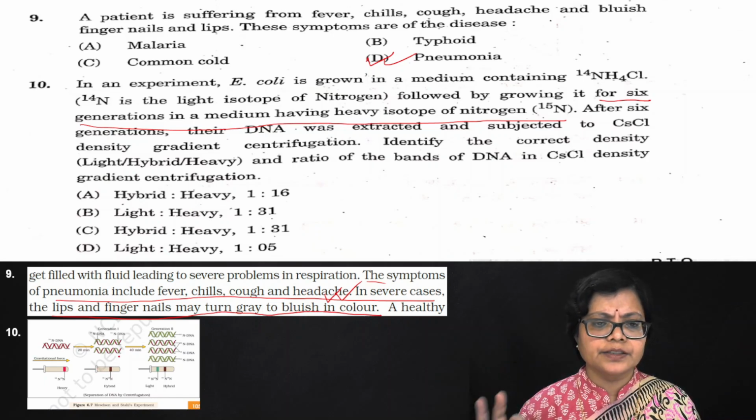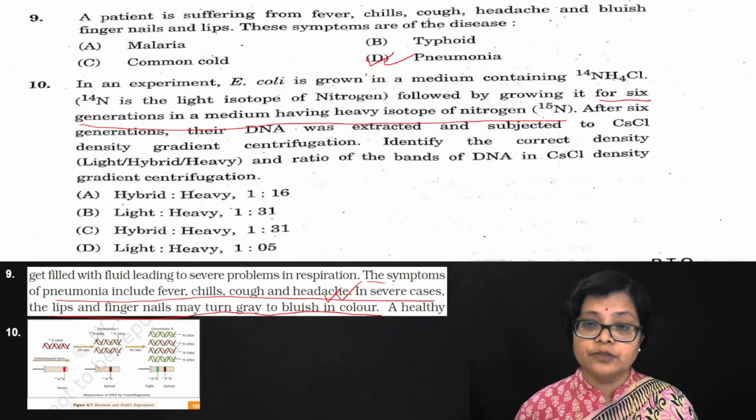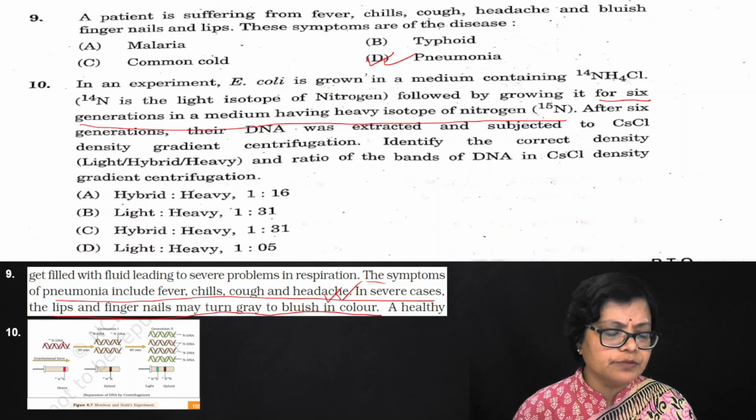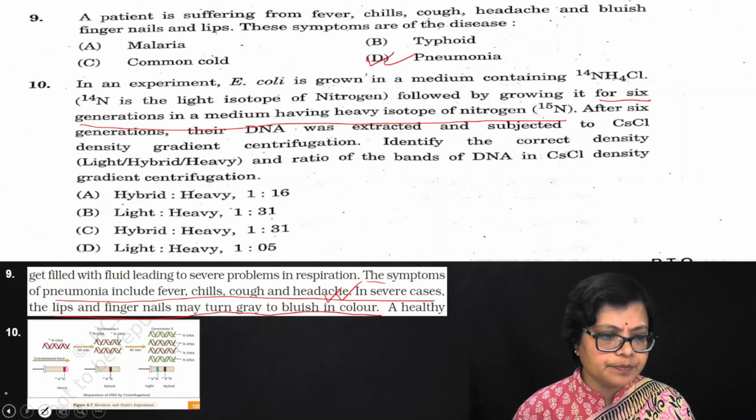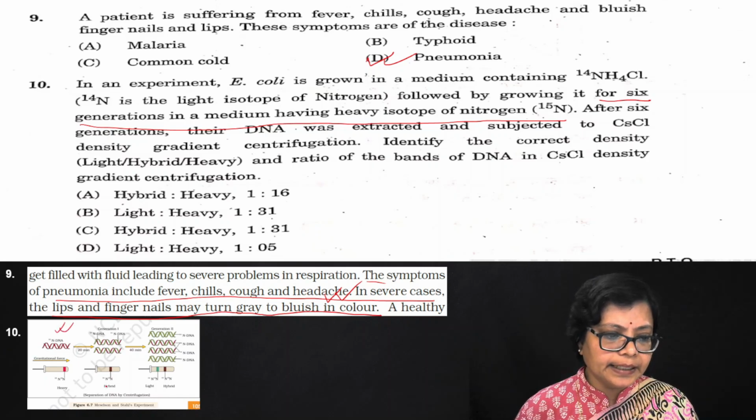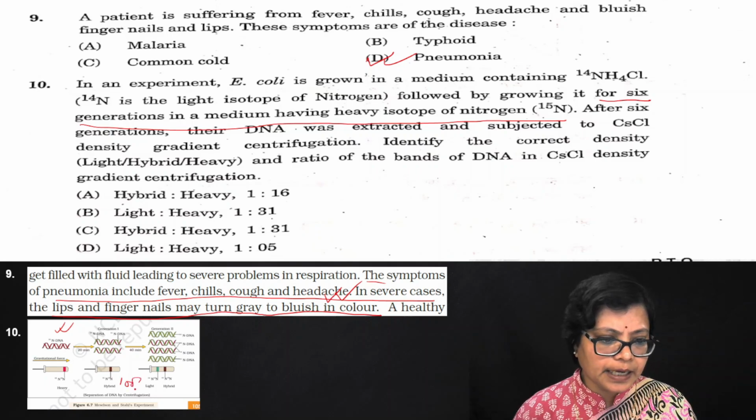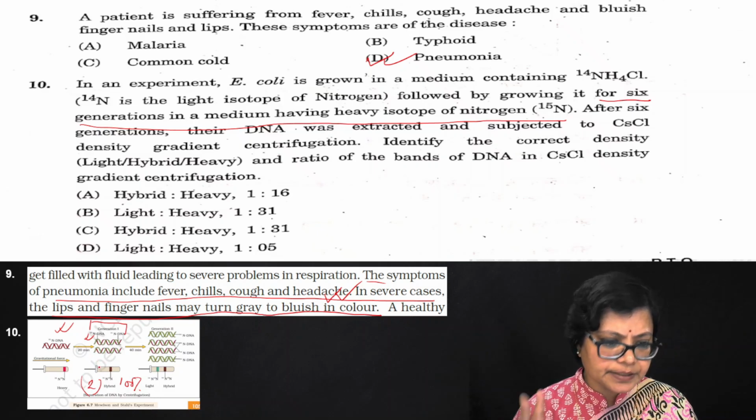Here you have to understand one thing, though I have already explained in set 1, but once again I am explaining. Here you see in your book the screenshot has been taken. That was grown in the N15 heavy isotope in the book, and then N1 100% hybrid. You see N1 100% hybrid, that was the number 2, and that is generation 1. Generation 1, the number of DNA fragments is 2, and 100% hybrid. Clear?